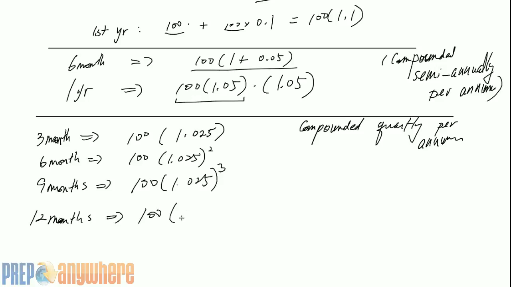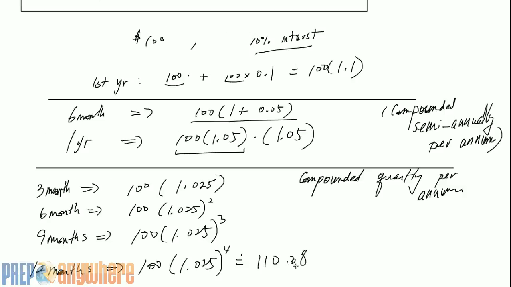So which is better, getting your interest like this or all at once? Here you get 38 cents more compared to just once, which would be just $110. Now you may think that's little, but people don't just have $100. Some people have $1 million in their bank.